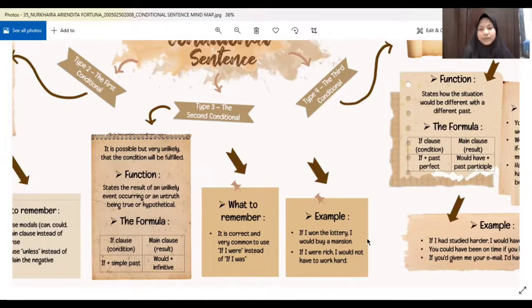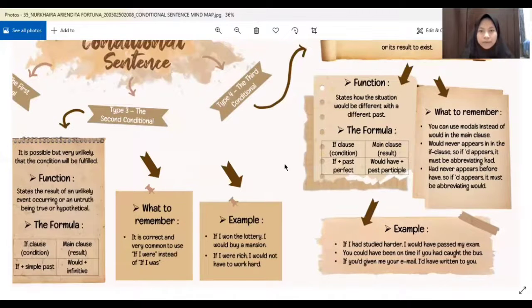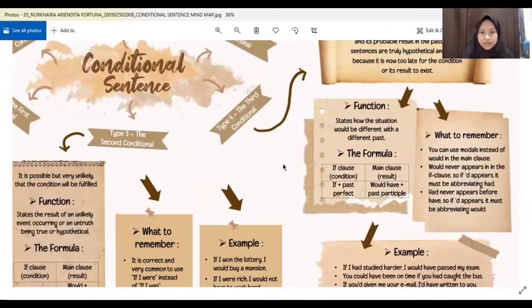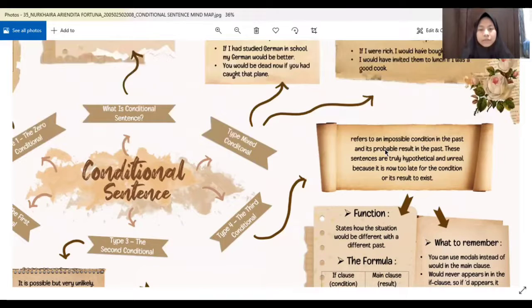I think we can move to the type 4 of the conditional sentence, which is the third conditional. So what is the third conditional? The third conditional refers to an impossible condition in the past and its probable result in the past.